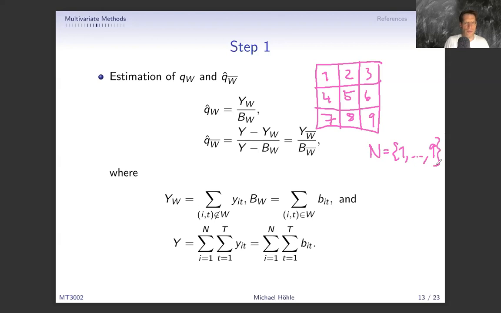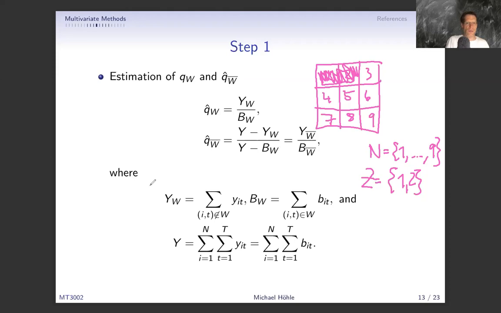Time points, let's forget about that. But let's say that the spatial part of our window W consists of the regions 1 and 2. That means we're looking at the counts of these two regions. And the complement of this would be 3, 4, 5, 6, 7, 8, 9. If you want to take time into account, of course, that's a bit more complicated.